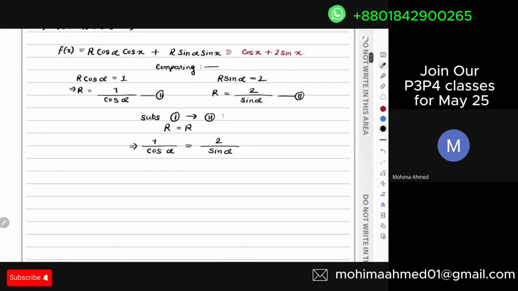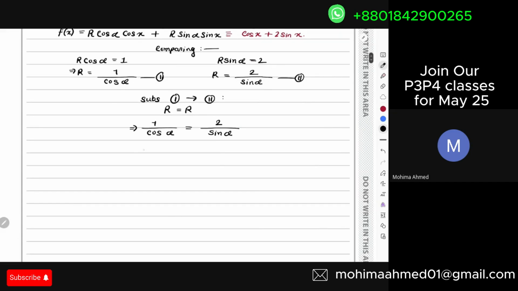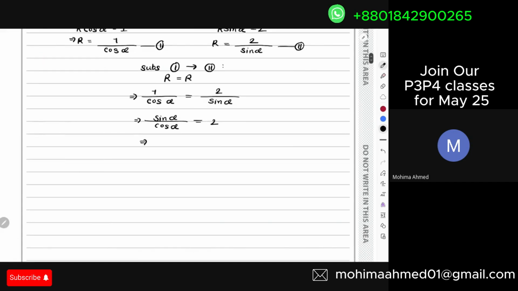If I take sin alpha to the right-hand side, we have sin alpha divided by cos alpha equals 2. From there, I get tan alpha equals 2, and alpha becomes tan inverse 2.